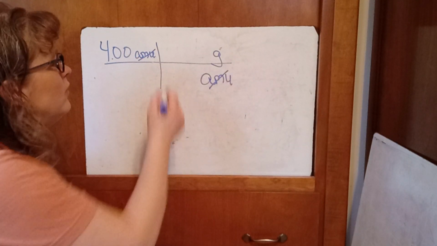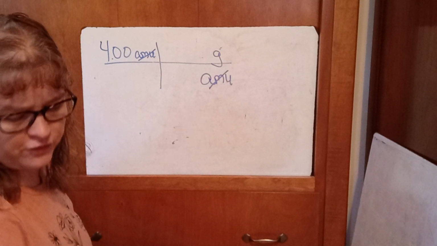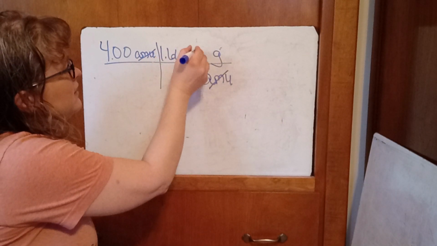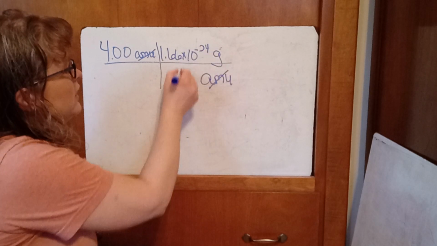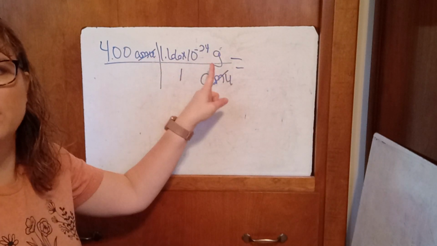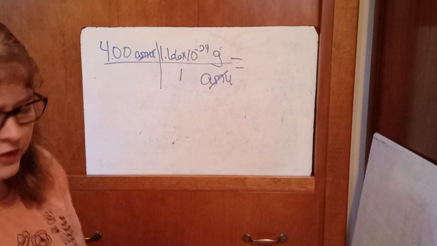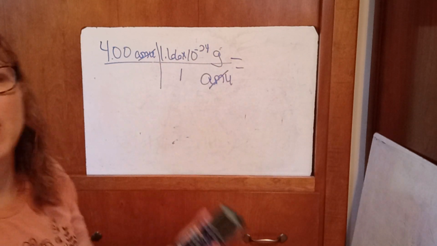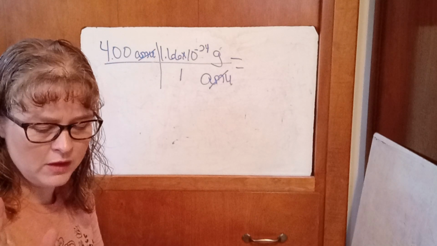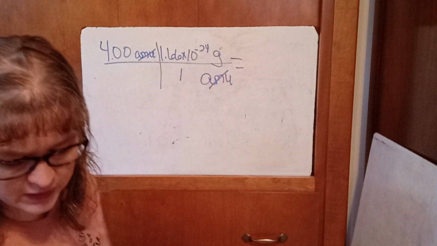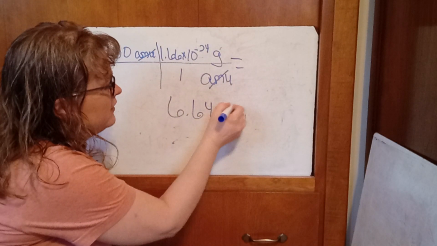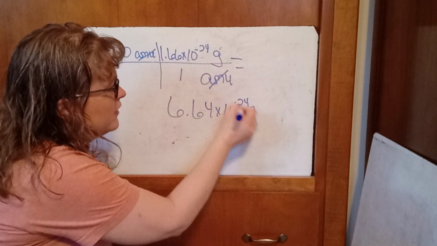AMU cancels out, and then we use our conversion factor, 1.66 times 10 to the negative 24th grams in 1 AMU. Then we put this into our calculator. Your calculator should have an EE button, and that's usually the scientific notation button. When you put this in, you should get 6.64 times 10 to the negative 24th grams.